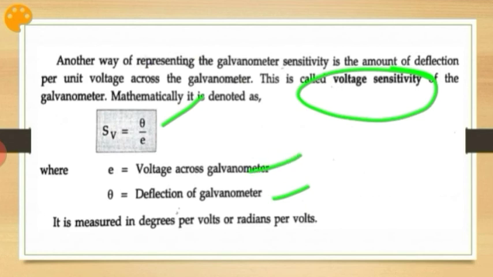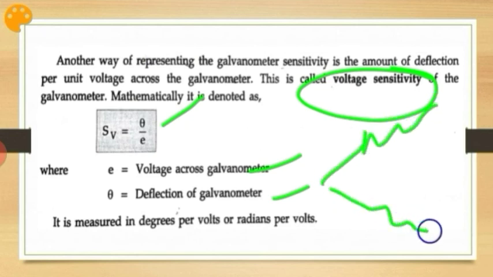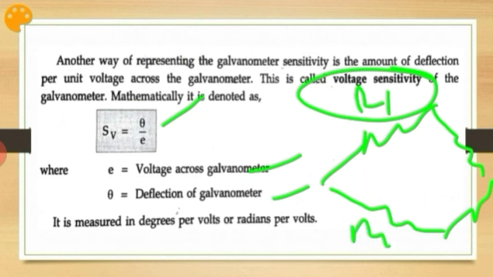Voltage across the galvanometer. As we know, the bridge consists of R1, R2, R3, and R4. I will plot it here.